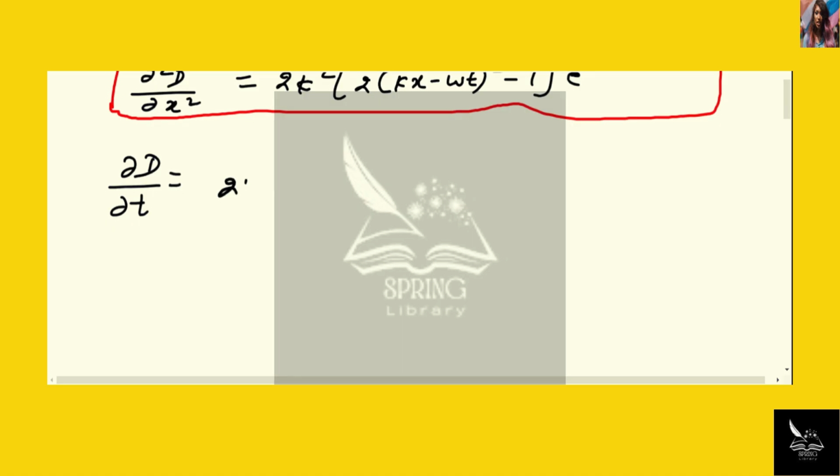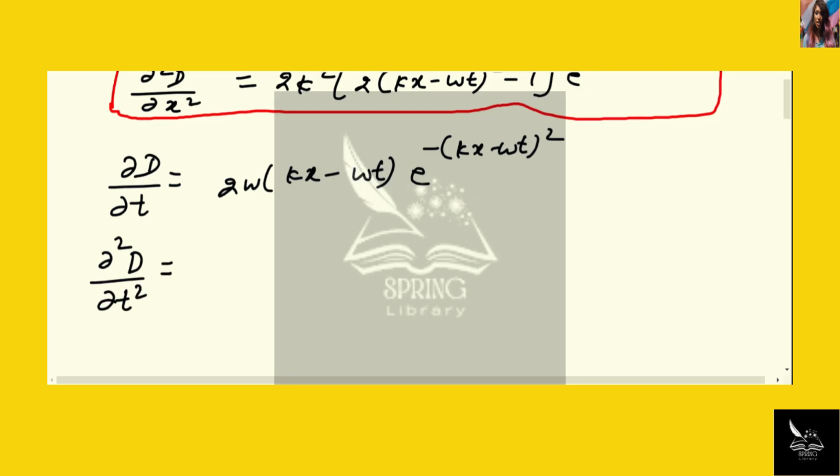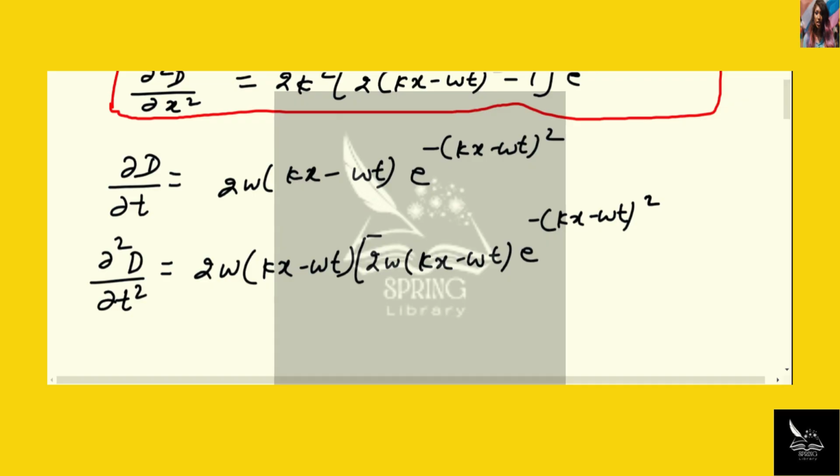So we get 2ω(kx - ωt) e^(-(kx - ωt)²). Now ∂²ψ/∂t² will be equal to 2ω(kx - ωt)[2ω(kx - ωt)] e^(-(kx - ωt)²) + (-2ω²) e^(-(kx - ωt)²).